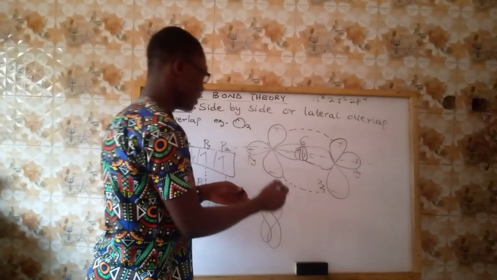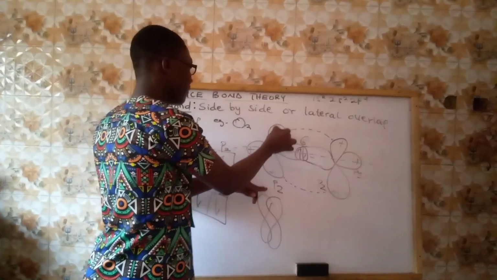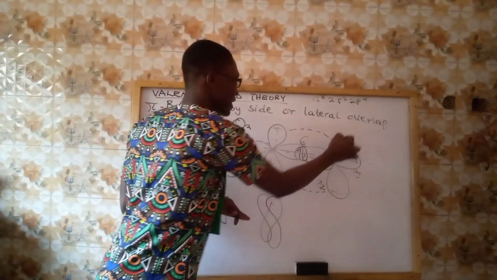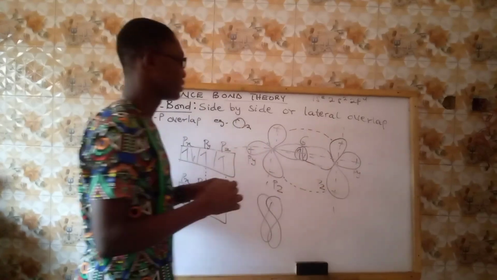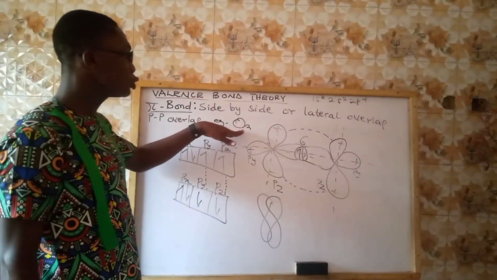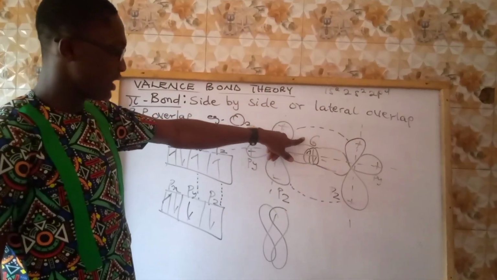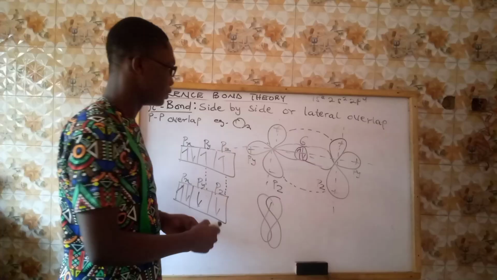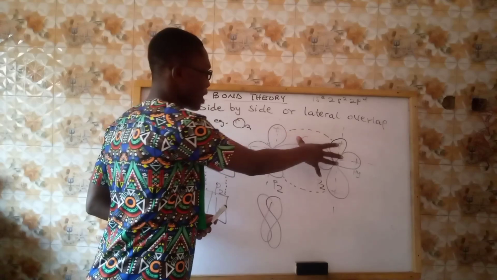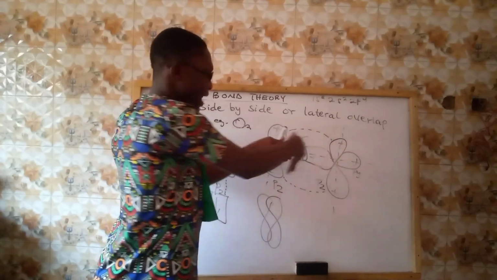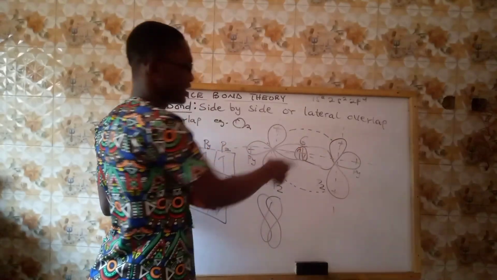But for the PZ, they have different axes here. So it means that in the O2 molecule, we have one sigma bond and one pi bond, because this will form a pi bond and this will form a sigma bond.